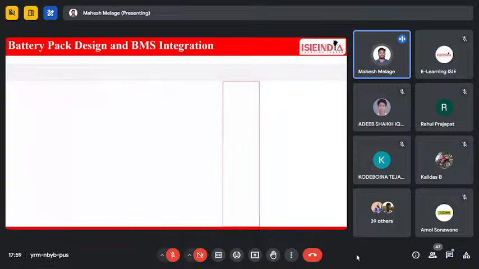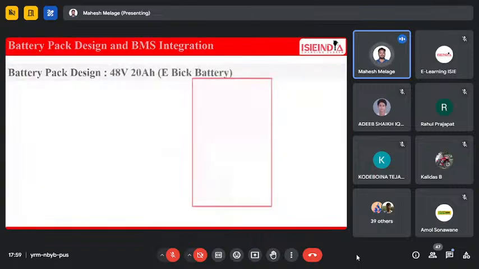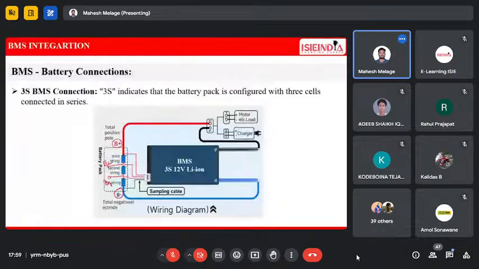These battery packs are connected to the BMS through this. This is a 3S. What does S indicate? S indicates series, which means 3 cells are connected in series. And how are they connected in the motor?